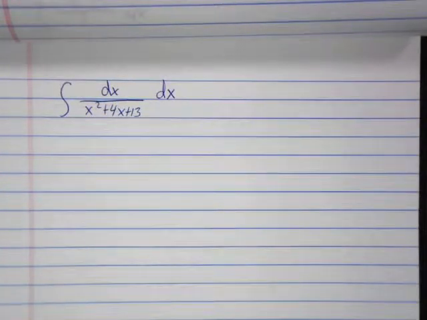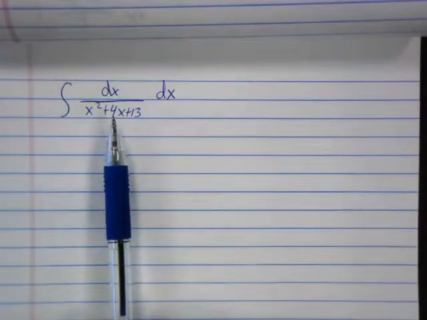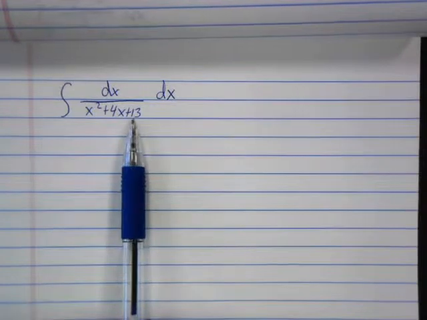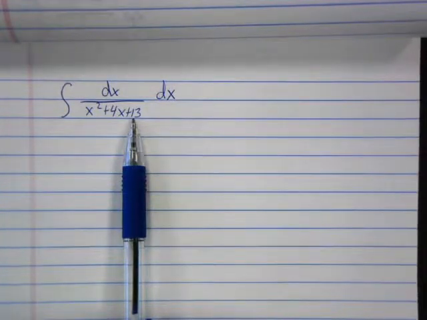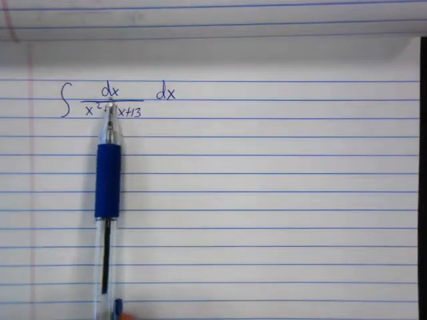The way that stands, does that fit into any of our patterns? No, it looks closest to the arc tangent pattern, but the arc tangent just has x squared plus a number, doesn't it? This x in the middle is a problem. That doesn't fit into our arc tangent pattern.